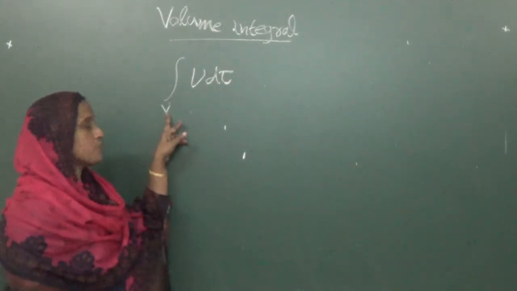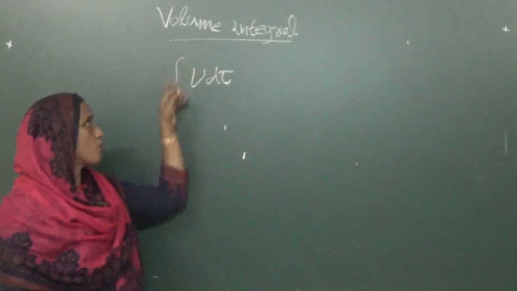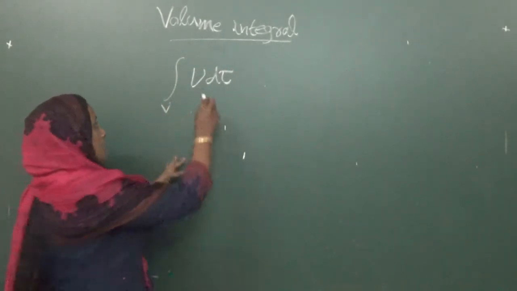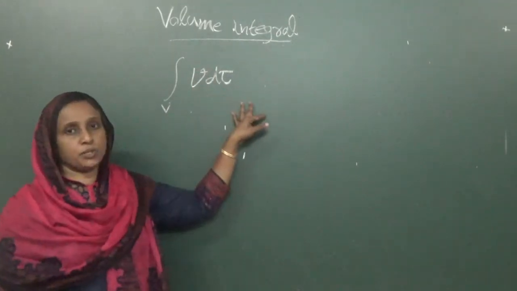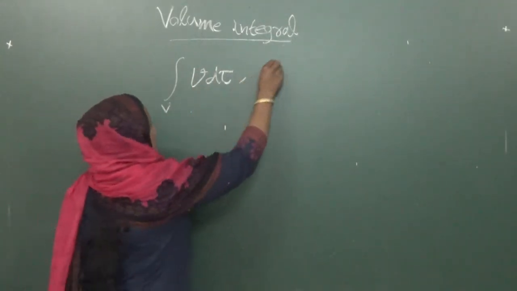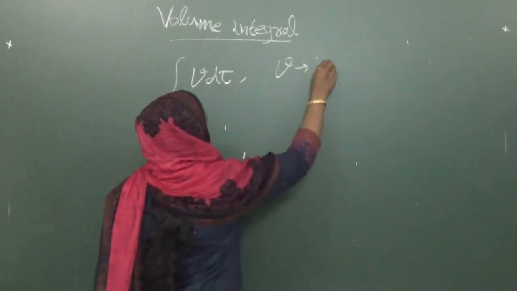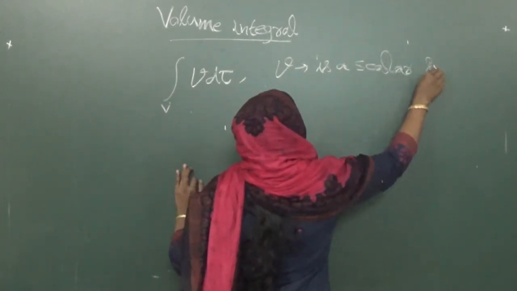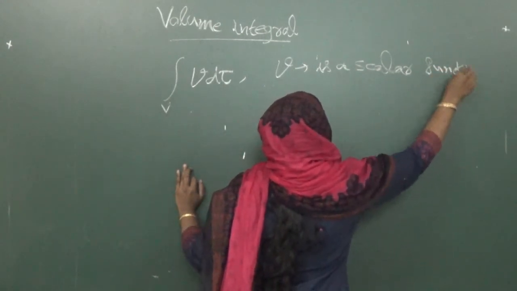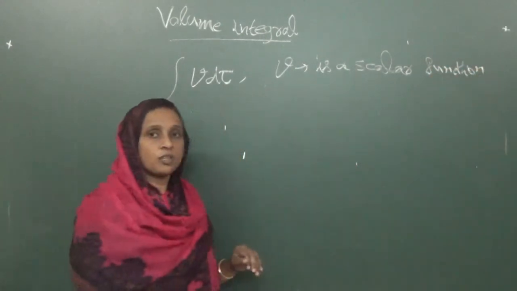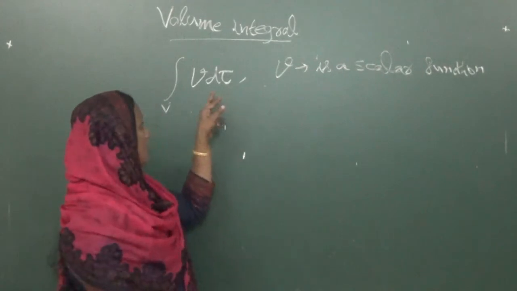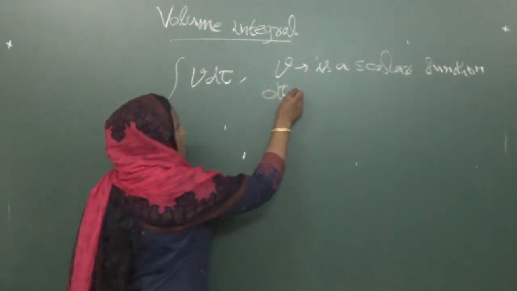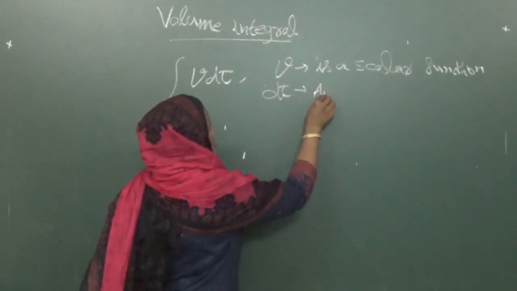Here, this V represents the integration volume, and this is the function. V is a scalar function, and this dτ is the infinitesimal volume element.